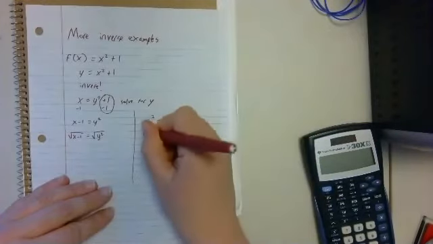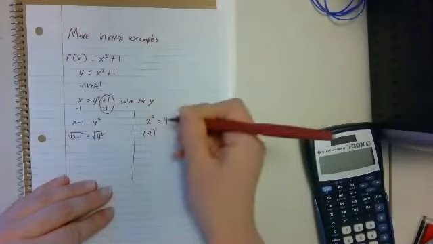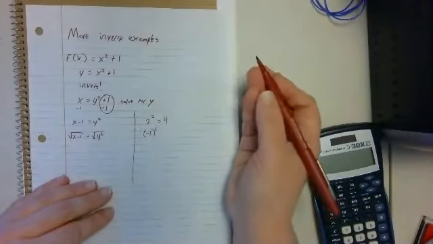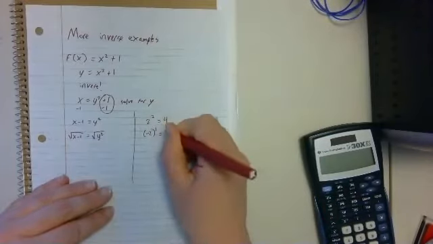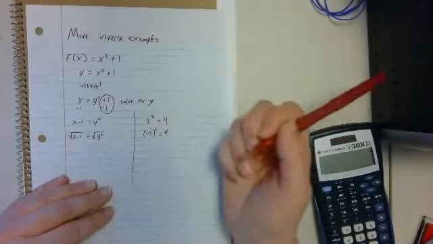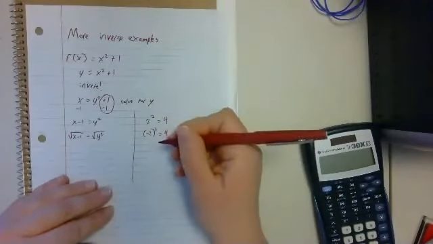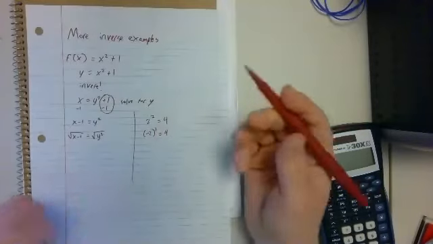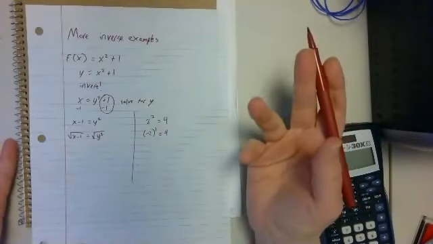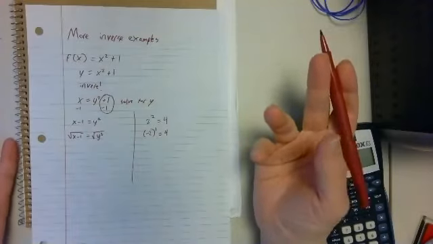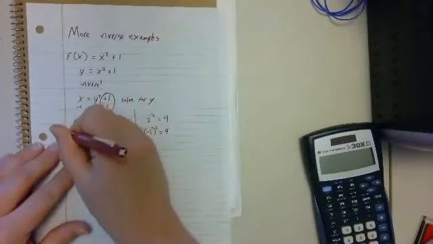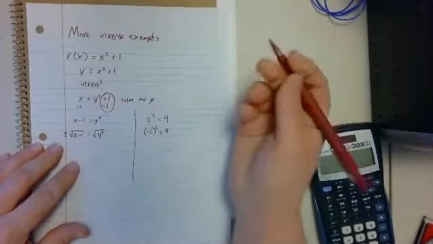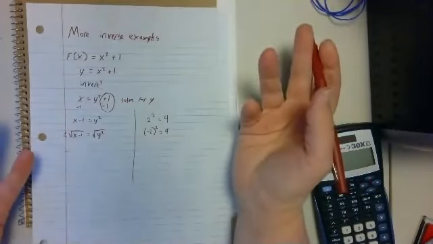If I've got -2 and I square it, well, a negative times a negative is a positive. That's also 4. So if all you know is I squared a number and I got 4, you don't know: did I have 2 or did I have -2? It could be either. There's no way to know. And that's why this is plus or minus over here. We don't know. It could be either.